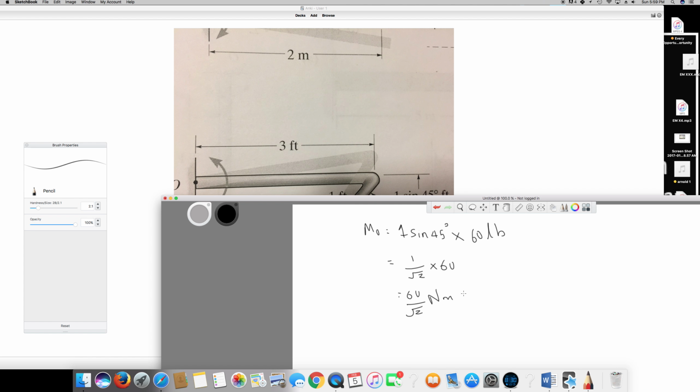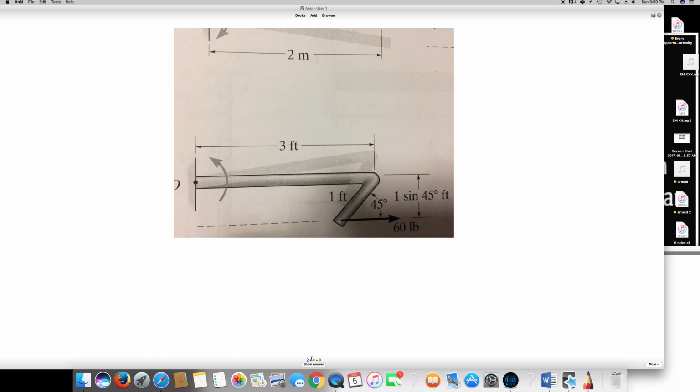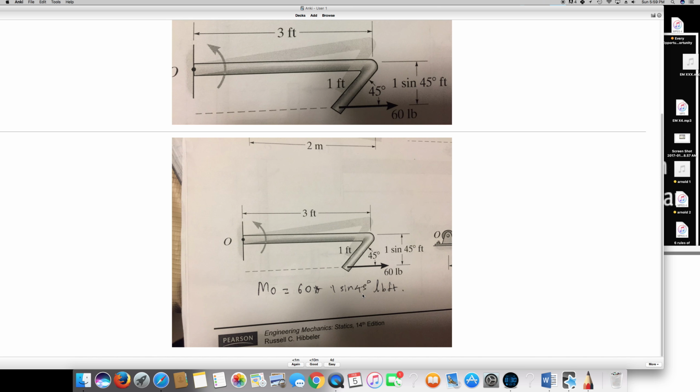You can just put counterclockwise, or you can leave it as it is, because if it's positive it's already counterclockwise. So therefore we found the answer for this question.